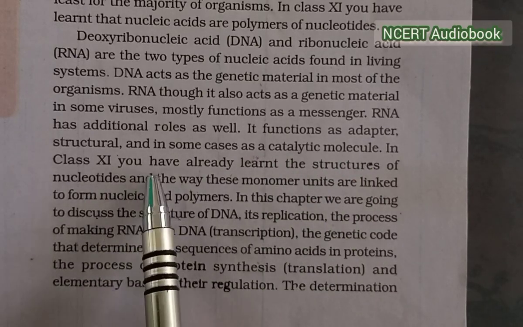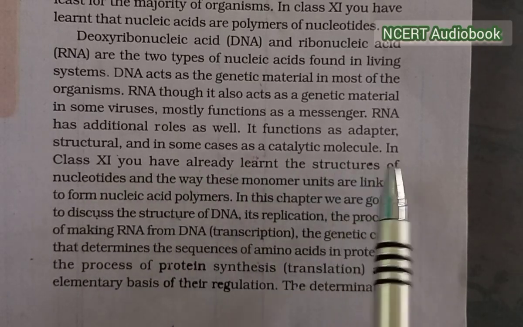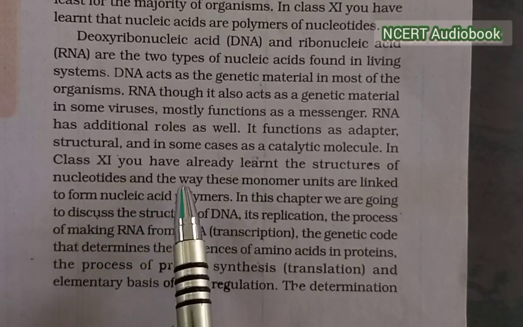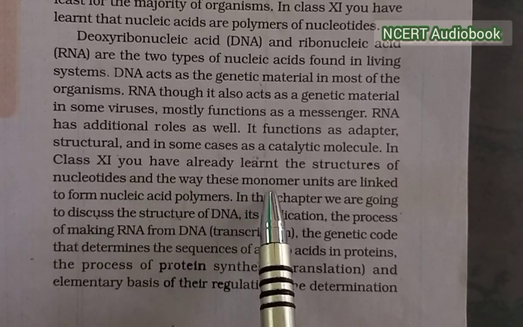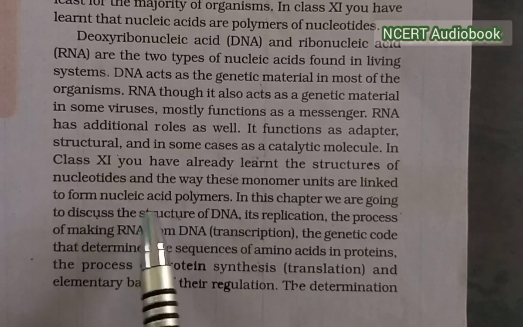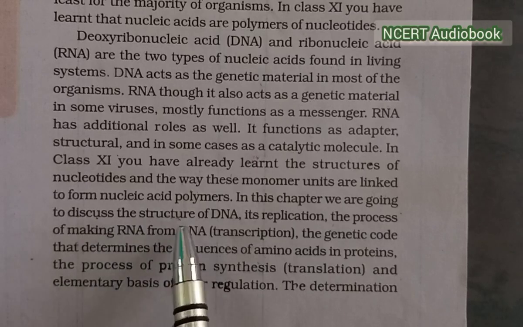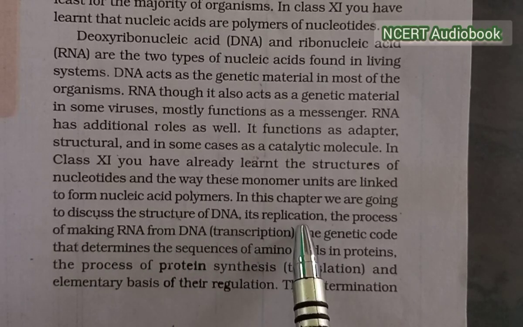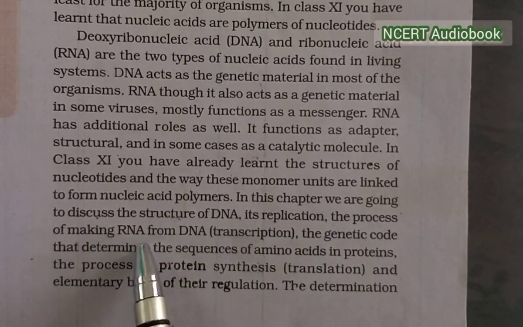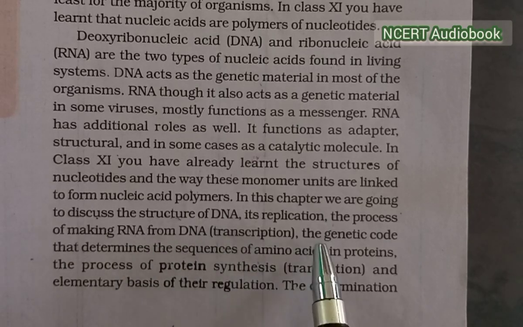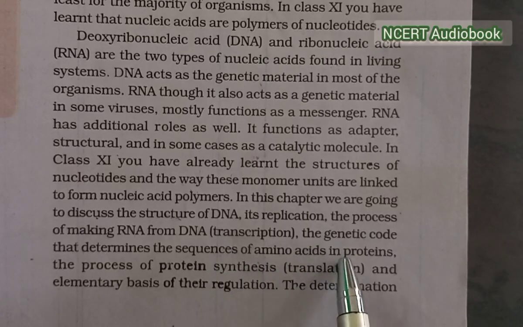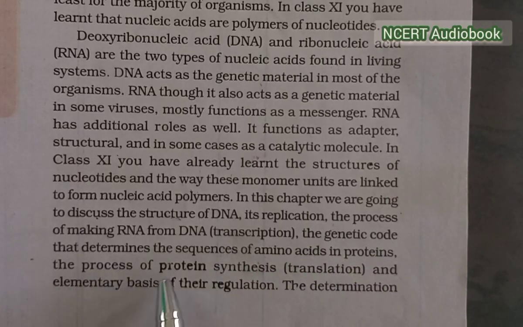In class 11, you have already learned the structure of the nucleotides and the ways these monomer units are linked to form the nucleic acid polymers. In this chapter, we are going to discuss the structure of DNA, its replication, the process of making RNA from DNA, transcription, the genetic code that determines the sequence of amino acids in proteins, the process of protein synthesis, translation, and the elementary basis of their regulation.